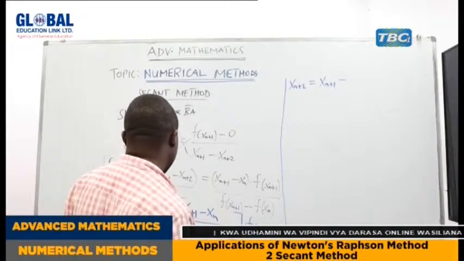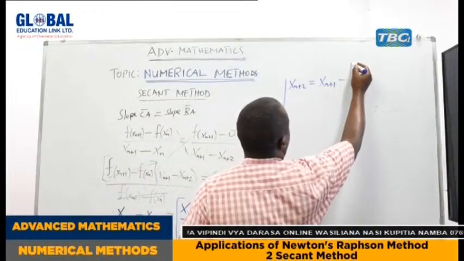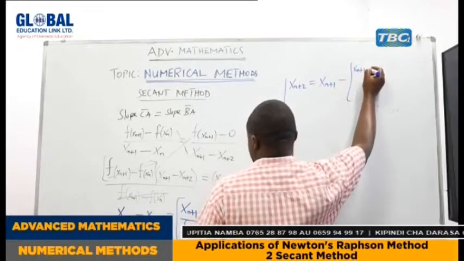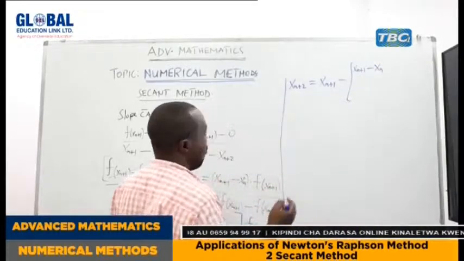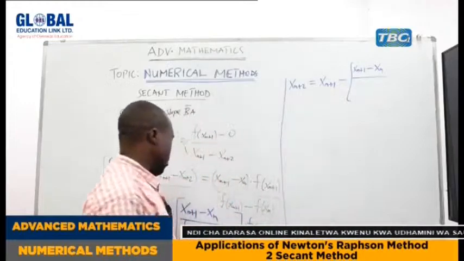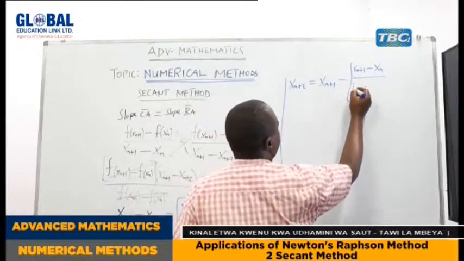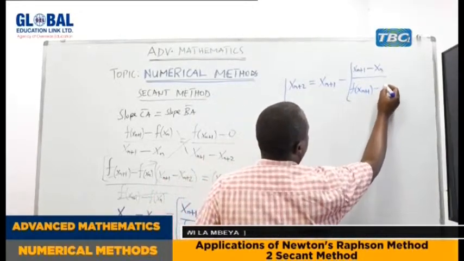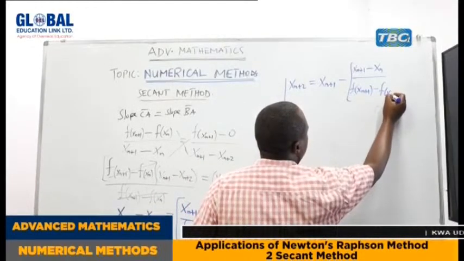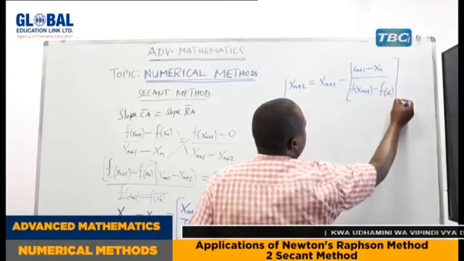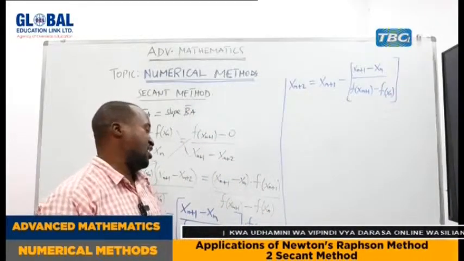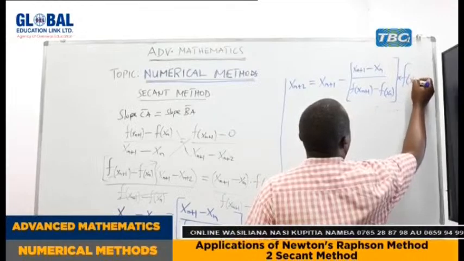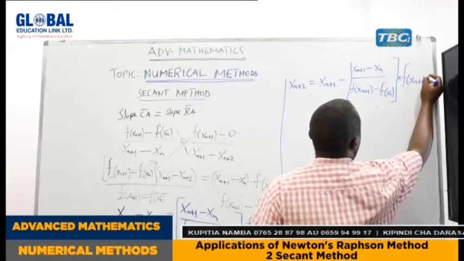So that is minus xn plus 1 minus xn, over f of xn plus 1 minus f of xn, then times f of xn plus 1.